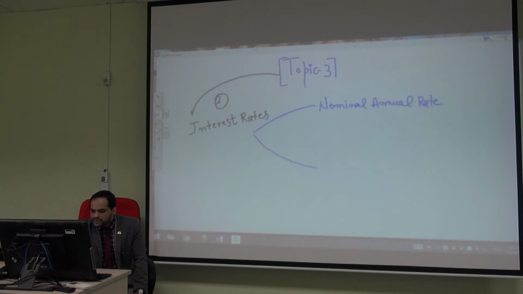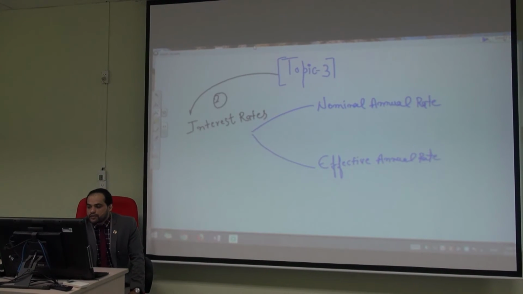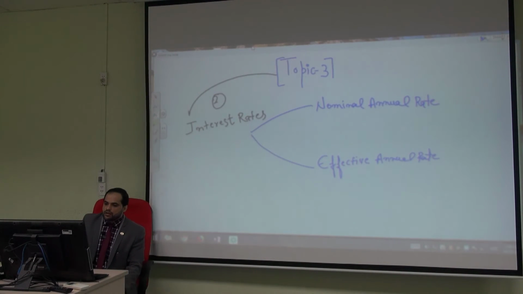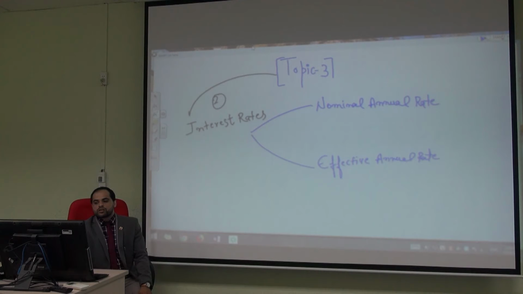And the second one is an effective annual rate, right? NAR and EAR, right? So what does it mean, nominal annual rate?